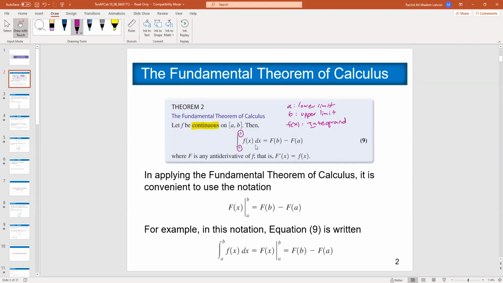Then you're going to find an antiderivative like we did in the previous section. However, now you're going to find the values at the upper and lower limit and subtract them, and that's going to give you the value of this integral.